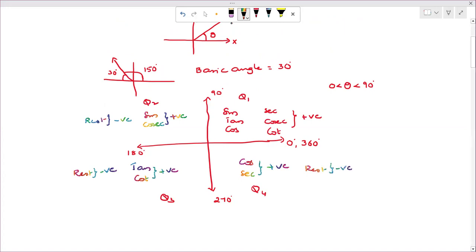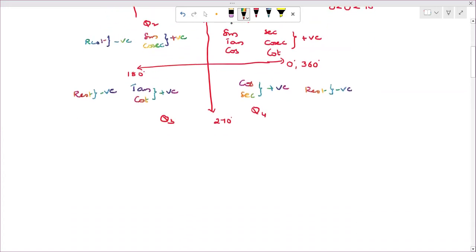Okay, so now see here, once again I am drawing. In the first quadrant, angles will be in between 0 to 90. Once again I am drawing 0, 90, 180, 270 and 360. Now they are all acute angles only, less than 90. So 90 minus theta.